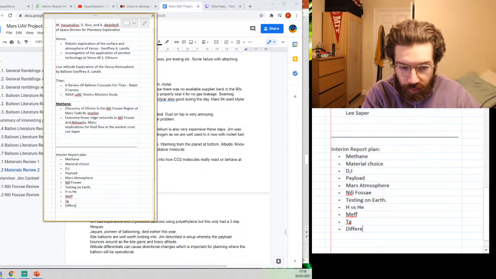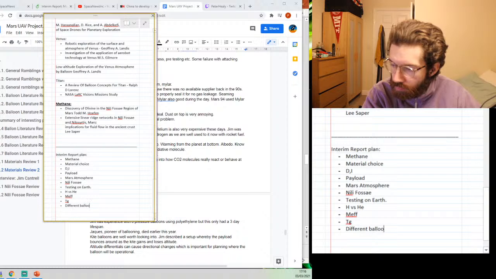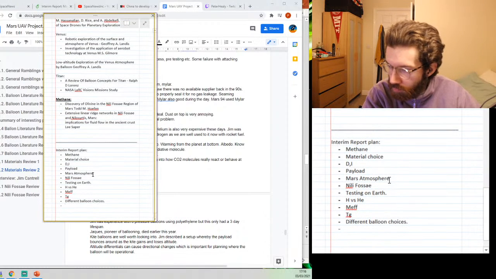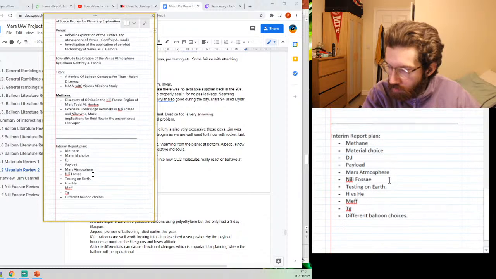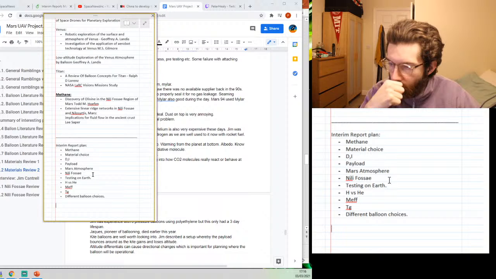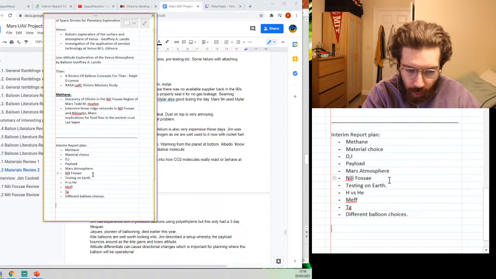Different balloon choices. Okay, so why balloons?